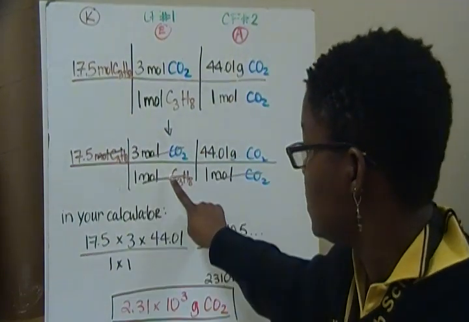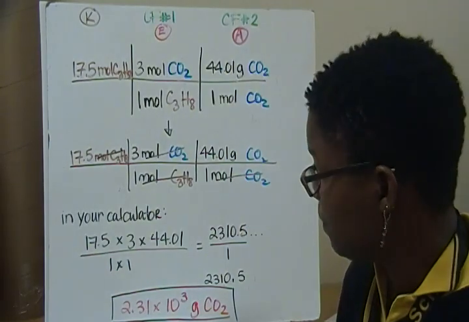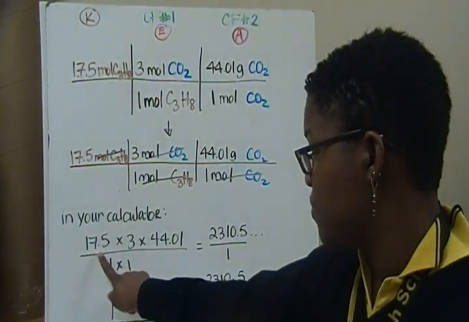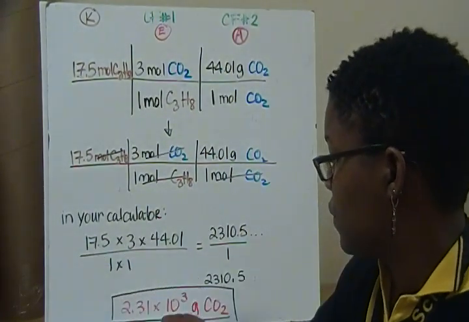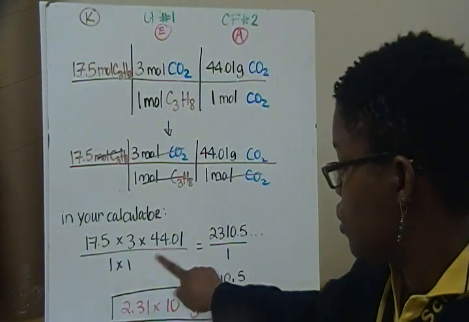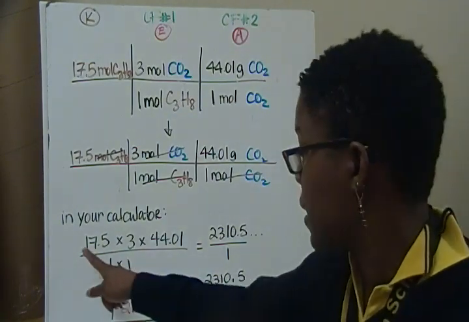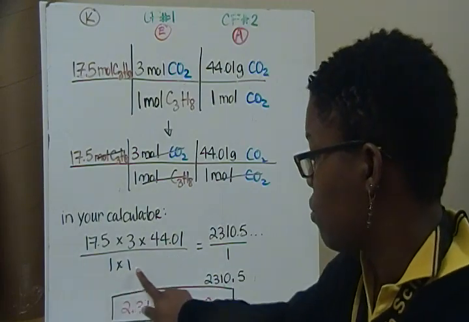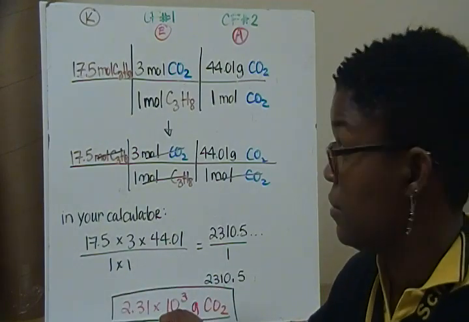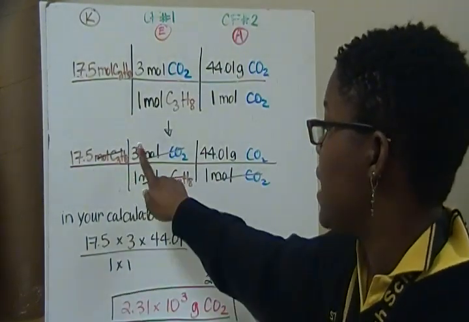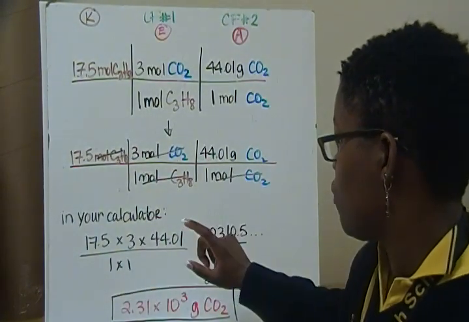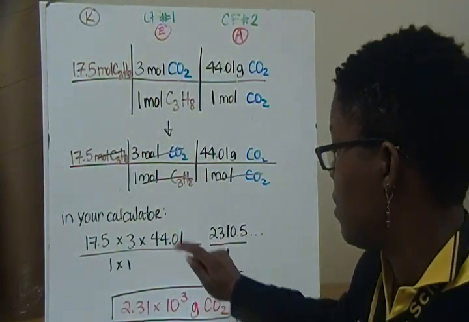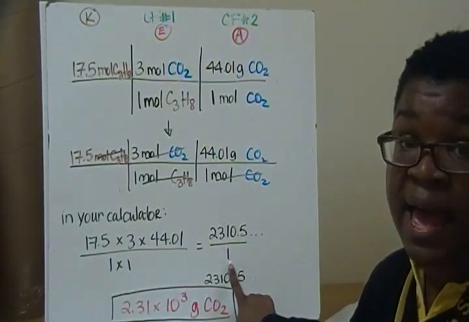Now, notice that these things diagonally cancel out. And in your calculator, you'd put 17.5 times 3 times 44.01. Then you divide by what's on the bottom. Remember, we multiply all the way across the top, we multiply across the bottom, and then we divide the top by the bottom. So 17.5 times 3 times 44.01, that gives us that number. And 1 times 1 gives us that number.